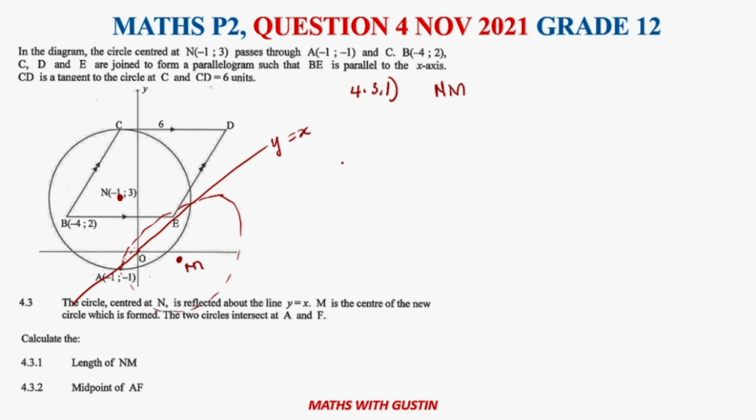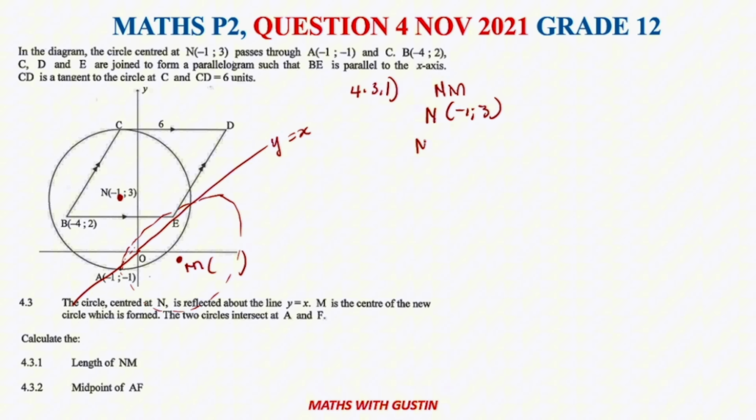Remember they said this is a reflection. So what happens when you reflect these coordinates? I think you did that in grade 9. With reflection, you have the coordinate of N here, -1:3.